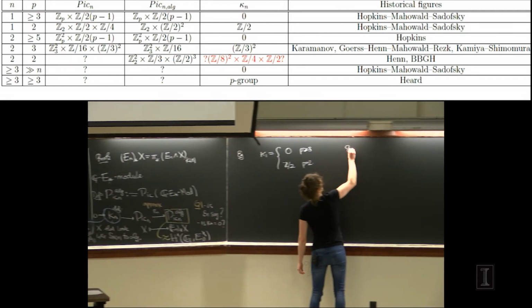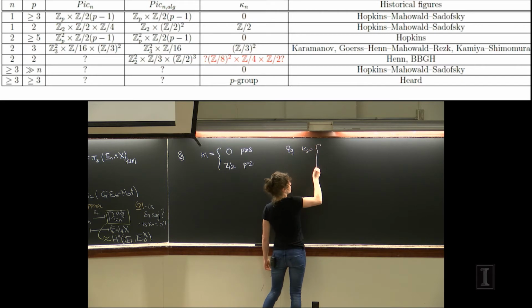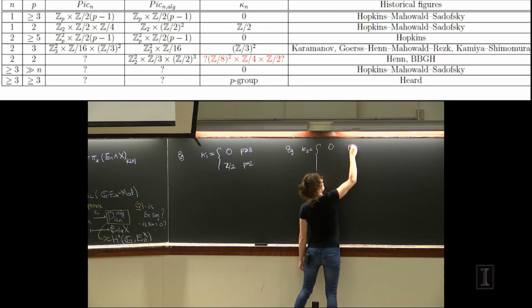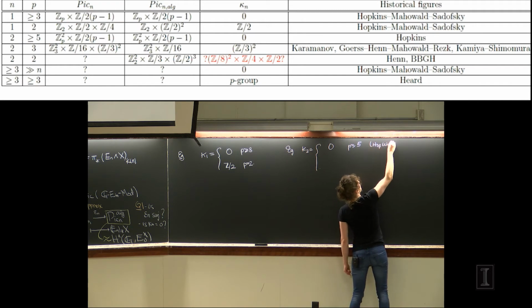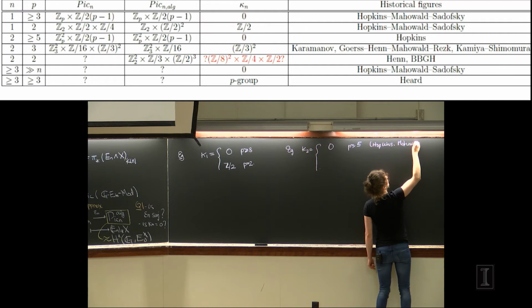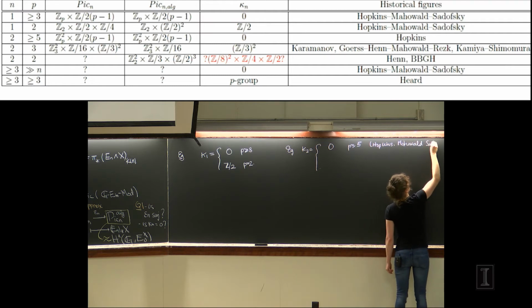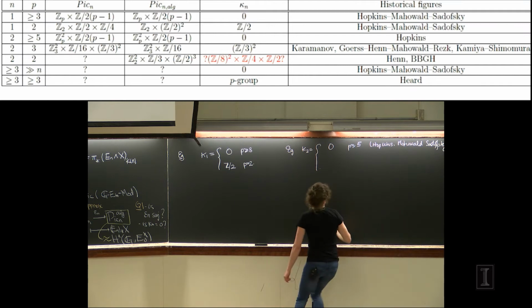So if we look at kappa 2, that's 0 if p is greater than or equal to 5, and I think that's due to Hopkins, Mahowald, Sadofsky, which from now on will be HMS.